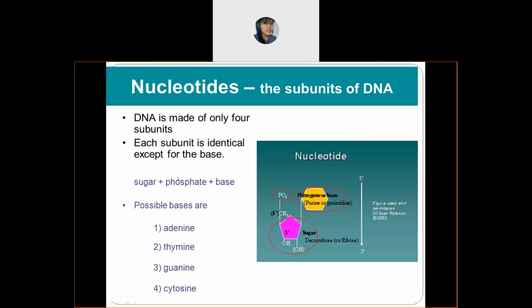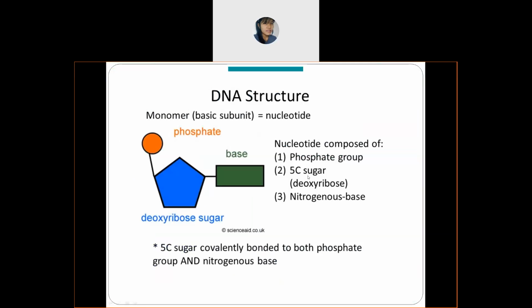You will get sugar, phosphate, and the base. Okay, this sugar mostly is this one, deoxyribose sugar. Okay, this is the deoxyribose sugar. Then this orange color is a phosphate, and this green color is identified as the base.